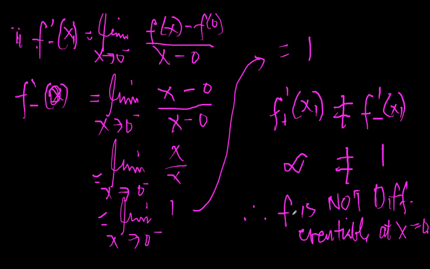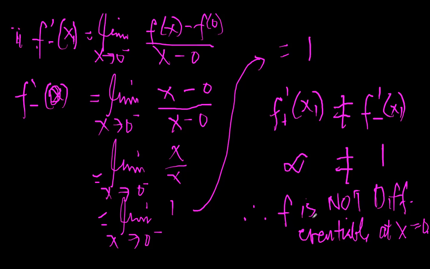Since f is not differentiable at x is equal to 0, it does not necessarily mean, guys, that the function f is not differentiable at all values of x. It is not differentiable when x is equal to 0, but at other values it may be differentiable. But of course, we need to verify that using the conditions.